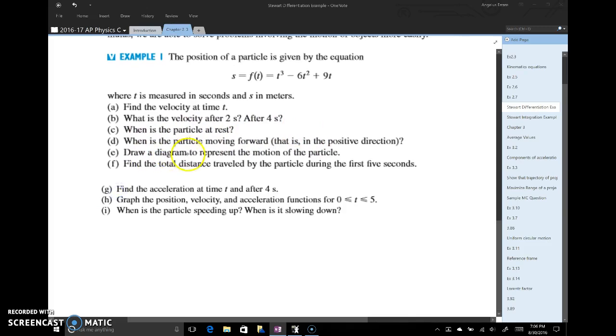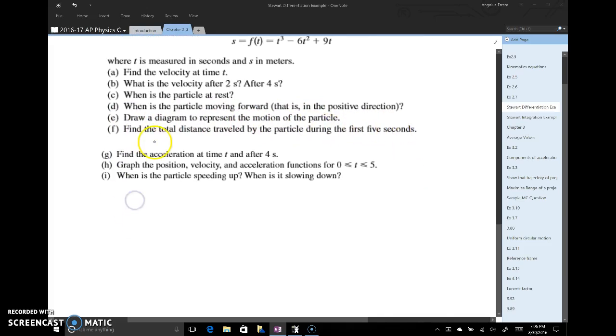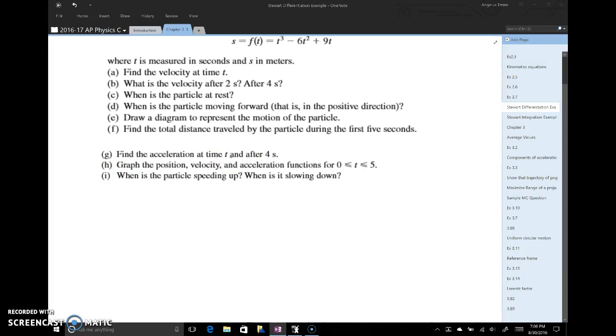We want to model what that motion looks like, find the total distance traveled by the particle in the first 5 seconds, find the acceleration, graph everything, and figure out when the particle is speeding up and slowing down. So lots of questions here for us to determine.